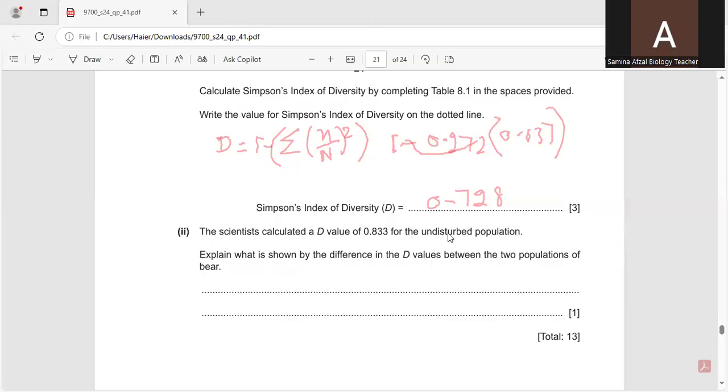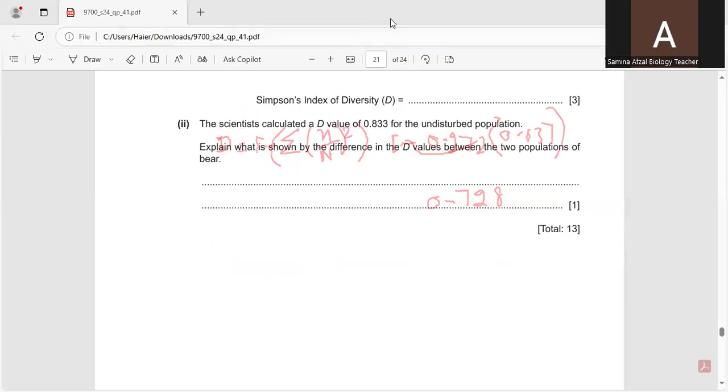We are moving towards the next question. In this formula, you will put the values from the previous table and you can calculate. The scientists calculated a D value of 0.833 for the undisturbed population.